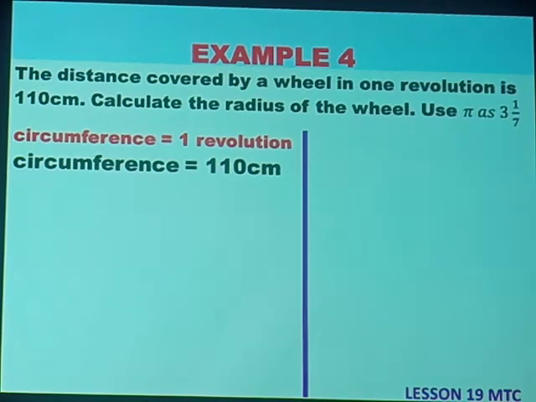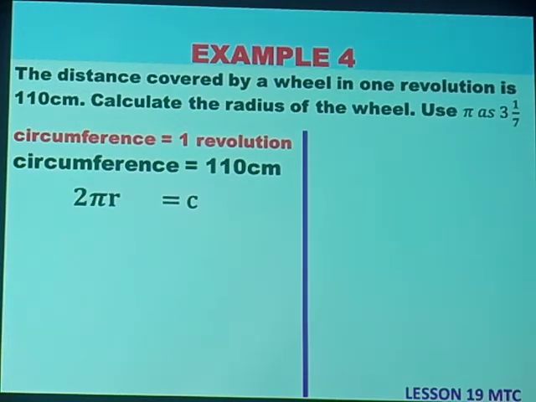After identifying the circumference, our next step is to state the formula, which is 2 pi r is equal to circumference. Before we get to the next step, look at our pi. I told you pi in the previous lesson. You were given 3 values of pi. Pi can be expressed as an improper fraction, which is 22/7.